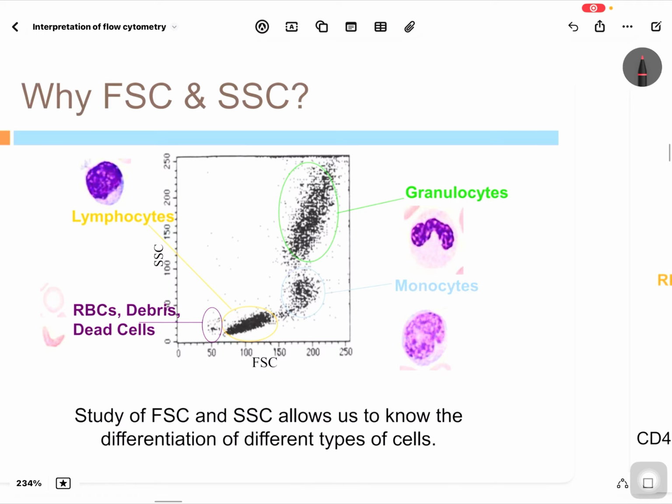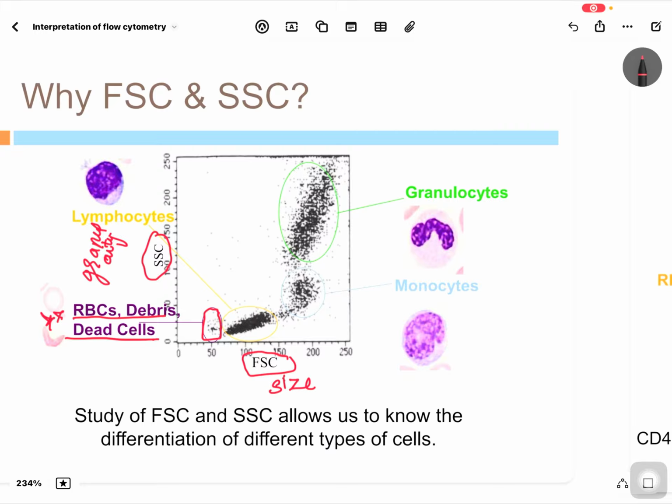This is forward scatter and this is side scatter. Forward scatter tells you about the size, and side scatter tells you about the granularity and complexity of the cells. Can you see this part? This is where RBCs, debris and dead cells are seen.